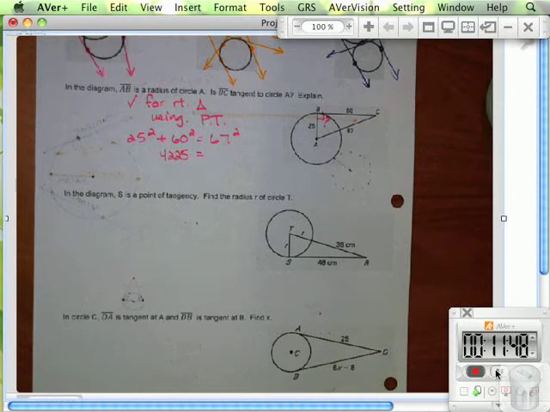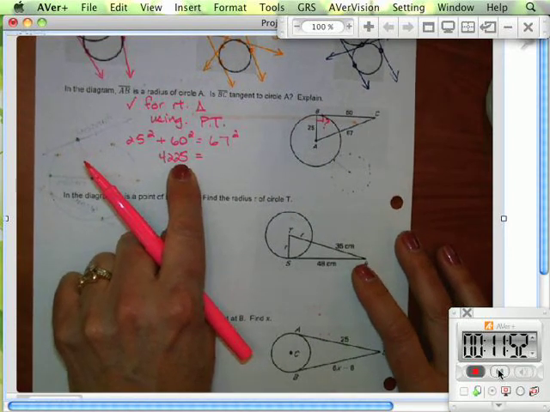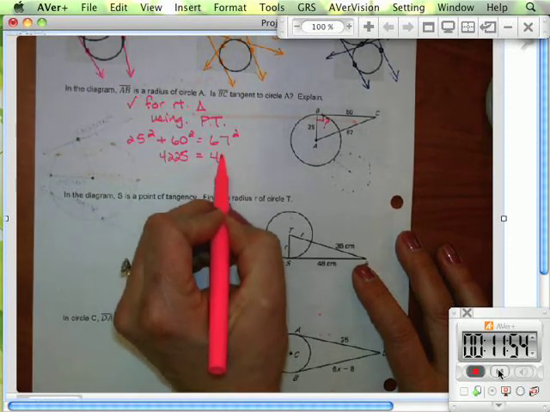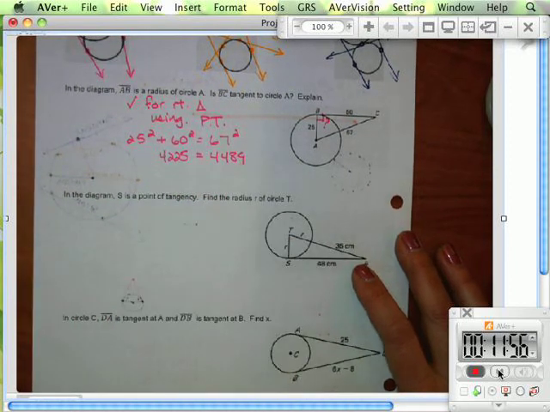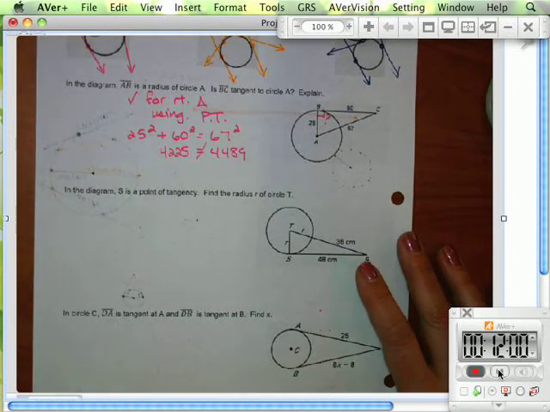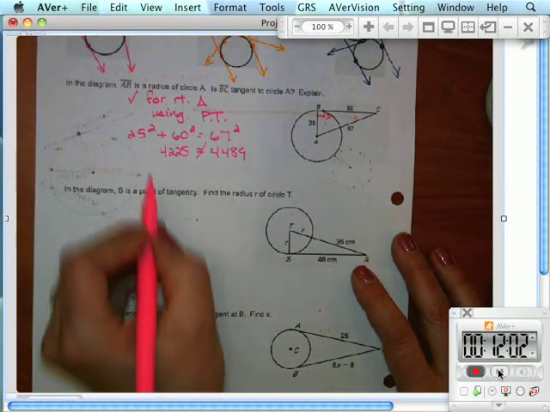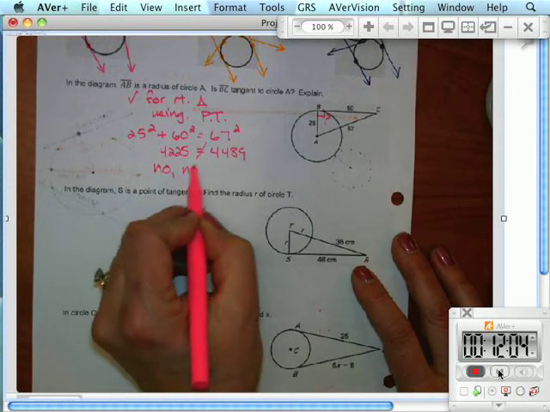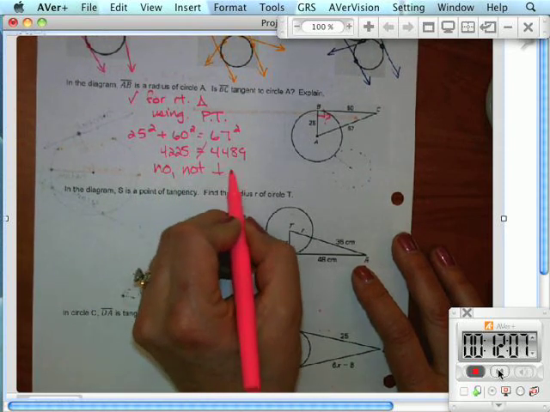And Paul, is this 4225? Pretty sure. And then this is 4489. So they are not equal. No, because they're not perpendicular. It's not perpendicular to the radius.